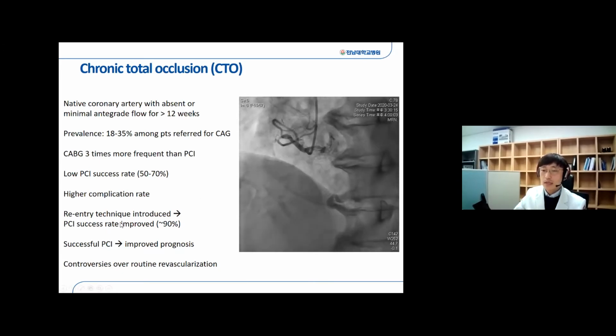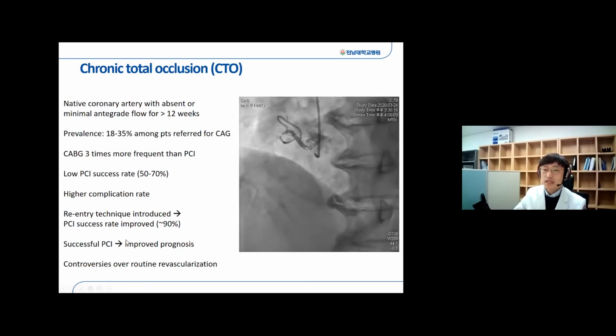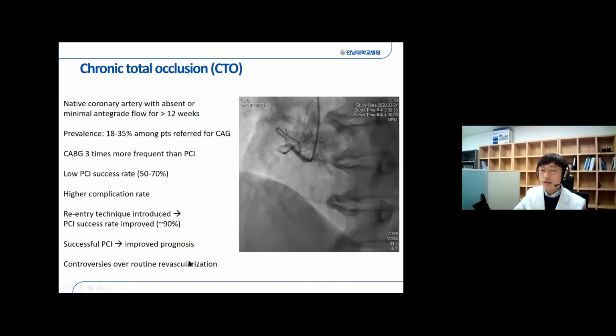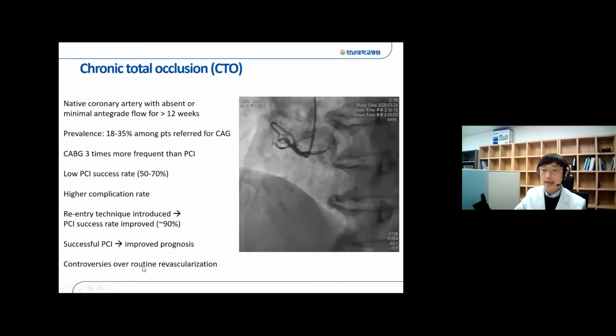So anyway, for the CTO PCI, if the PCI is successful, the prognosis can be improved, but routine revascularization failed to show prognostic gain in patients with CTO.